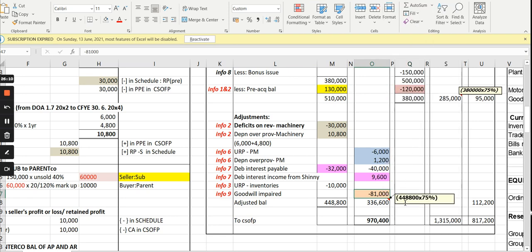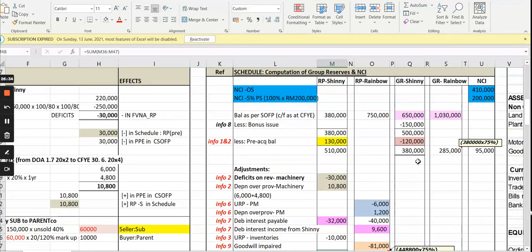Okay, now this is 448,800, and the remaining will go to the non-controlling interest column. This is the one that you take from 448,800, and you can check the formula here, 75% from cell M48. The next one is, we are done with the general reserve of Shini already earlier on. Remember, we have done this part.